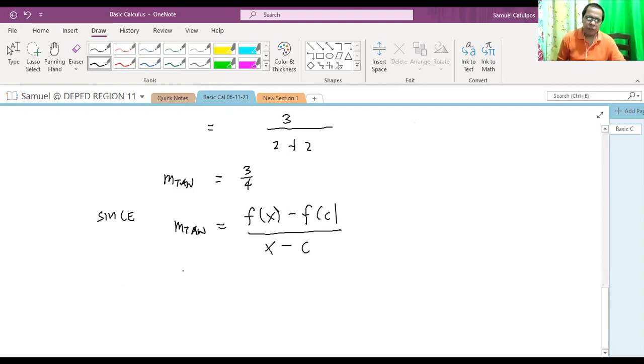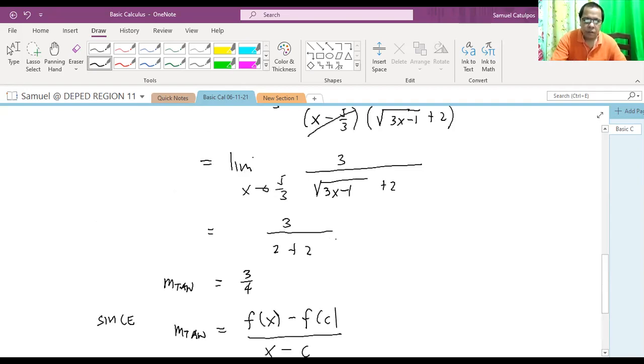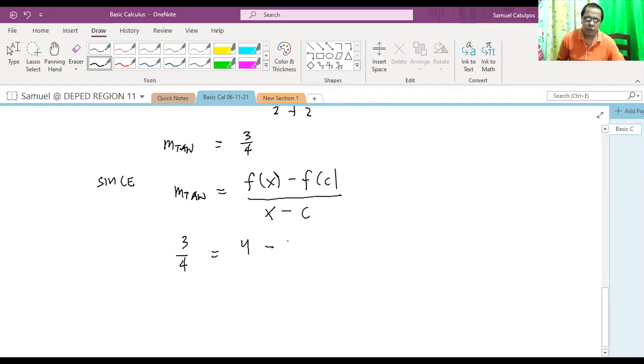Mao na siya itong unang equation. Then substitute, therefore, so si m tan mo is 3/4 and then is equal to, you substitute function of x, himuon mo siyang y, okay, minus your function of c, pila itong function of c na to? 2, sir. 2. Okay, 2. Tama, no? So, 2. Then, minus x minus 5/3.